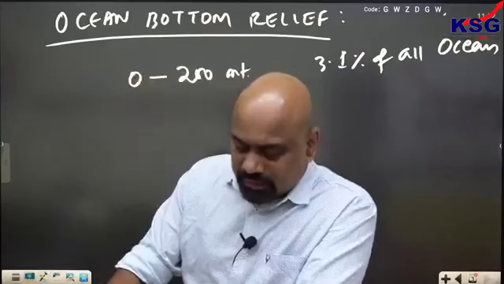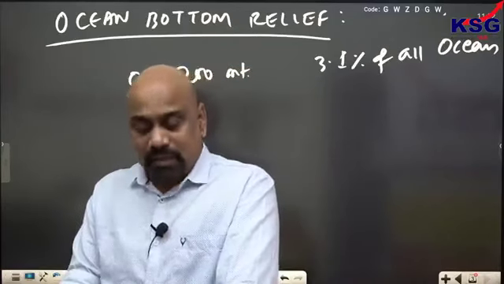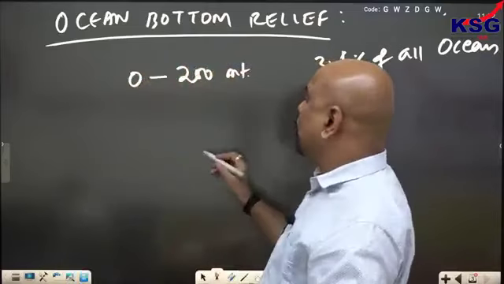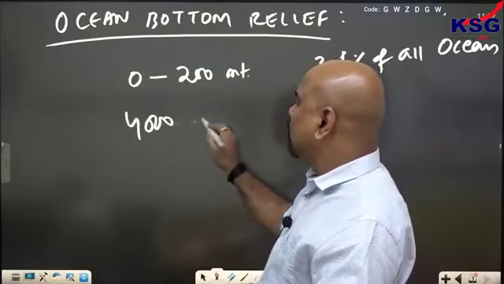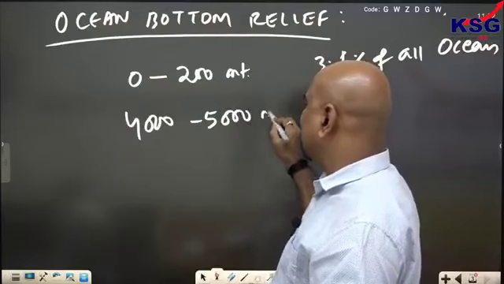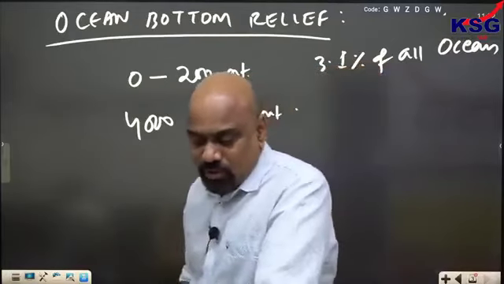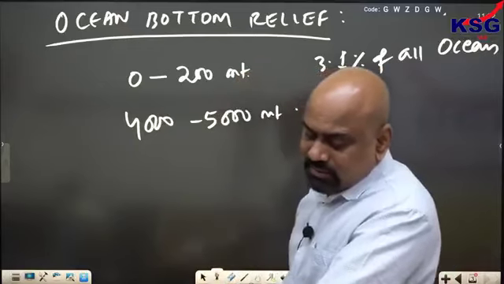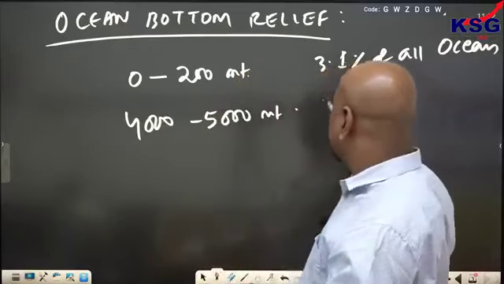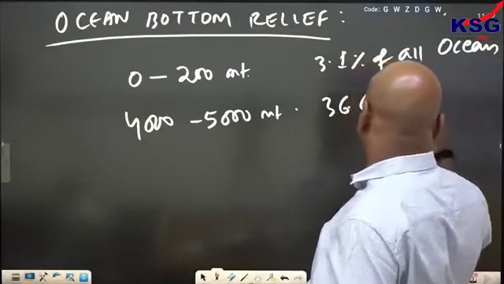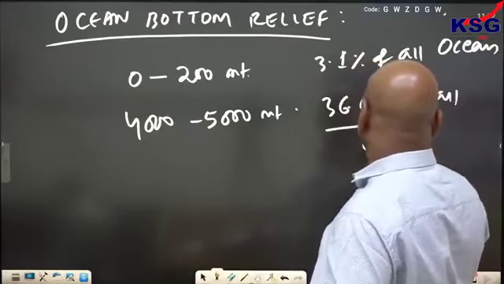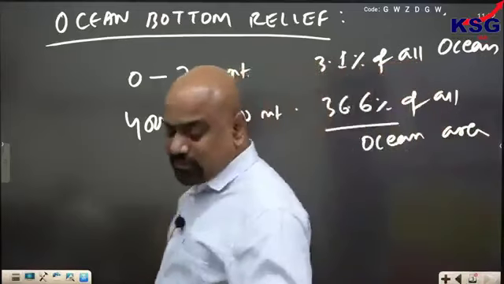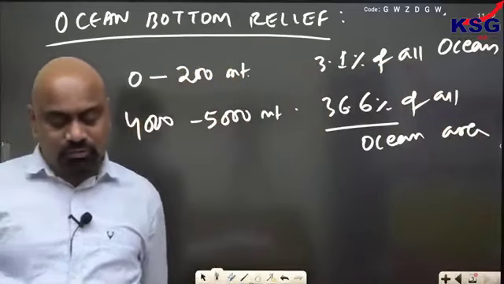The most important thing to remember is that the largest area, around 36.6% of all ocean, has 4000 to 5000 meter depth.